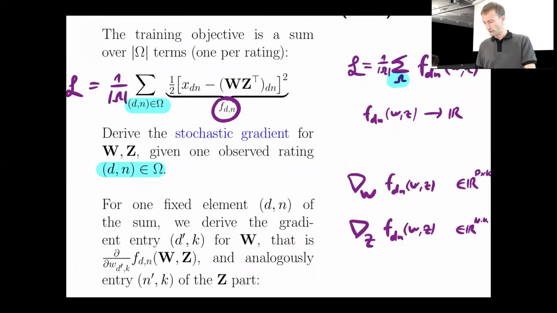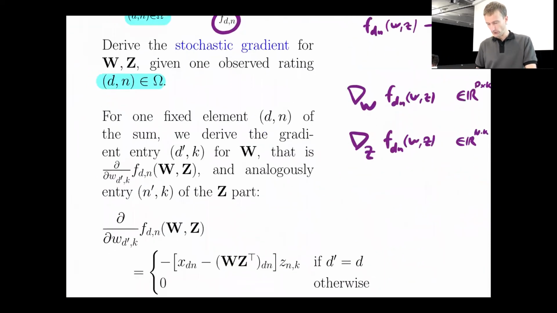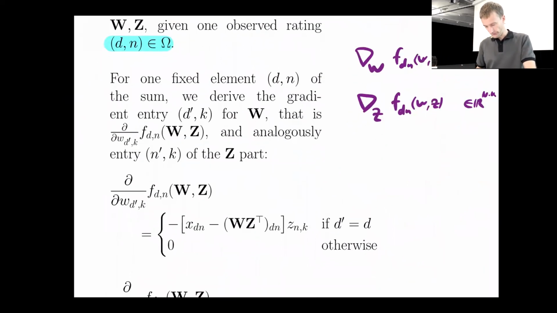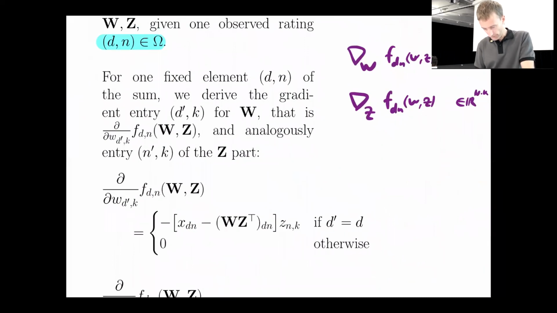To compute the gradient of this one part of the sum, or of the user matrix respectively. So how are we doing this? I first want to do it for the gradient with respect to the movie matrix W, and then later I will show you for the user matrix Z.